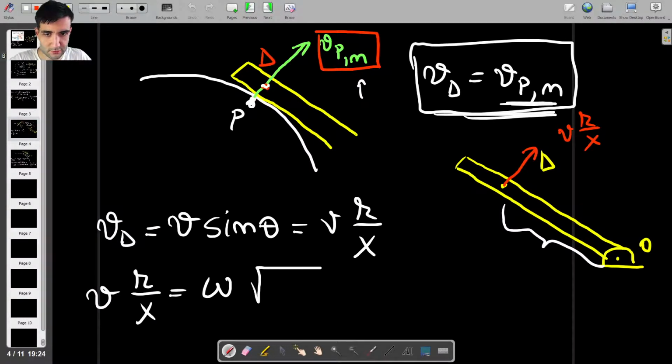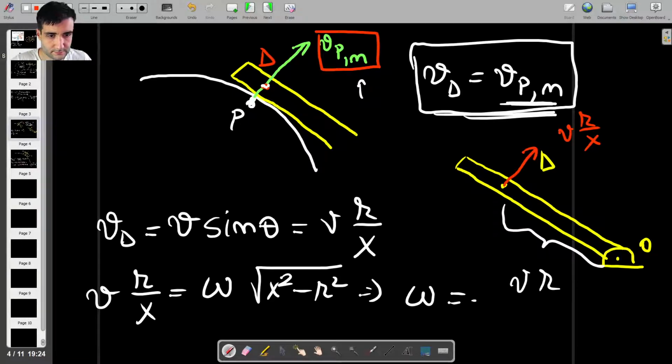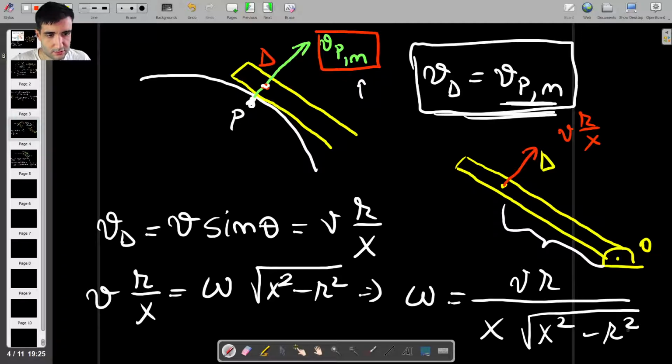So it's omega times the square root of x squared minus r squared, which finally gives us that omega is equal to V r over x, divided by the square root of x squared minus r squared.